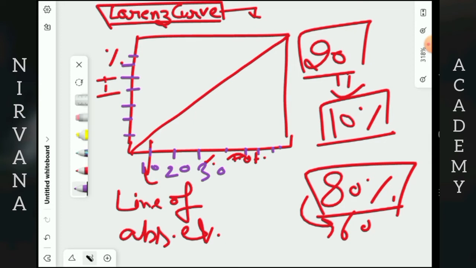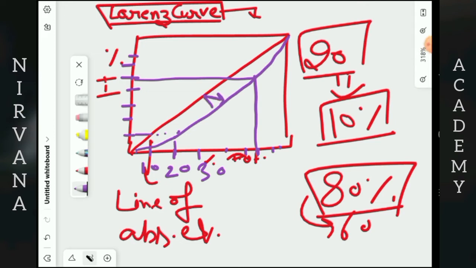So this will be the point, and poorest 80% earning 60% of the income. So these are the 2 points we take in the example, and this will be the curve.